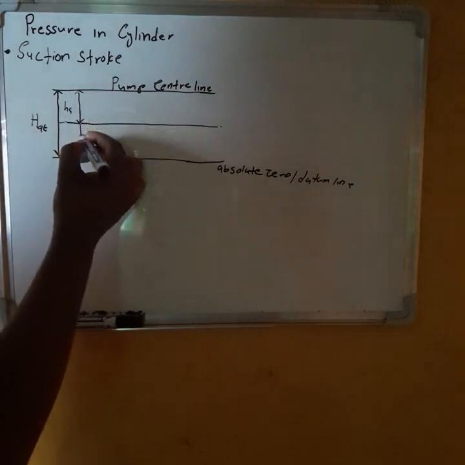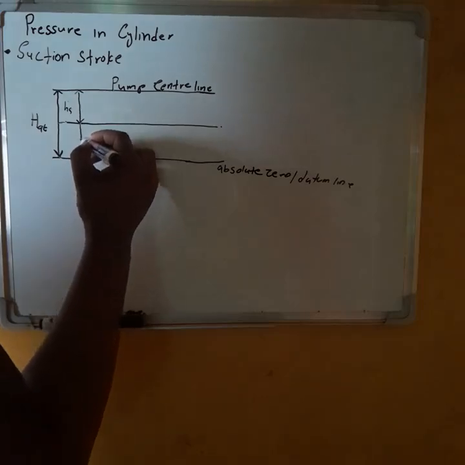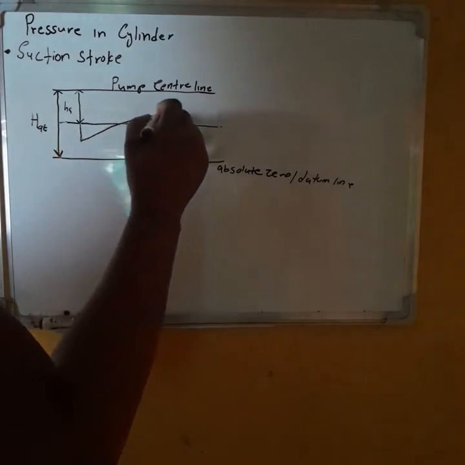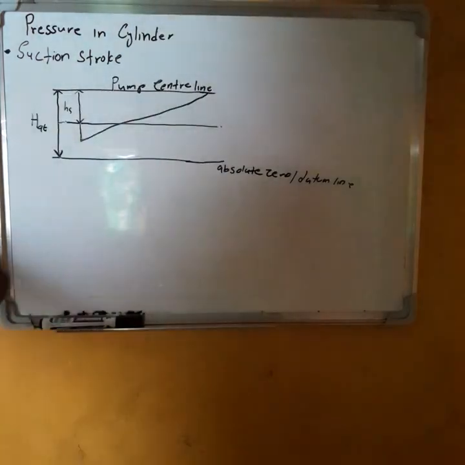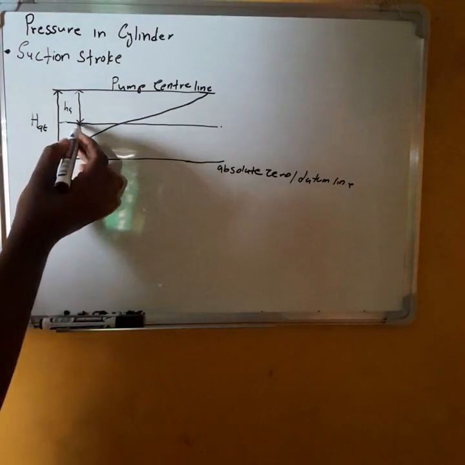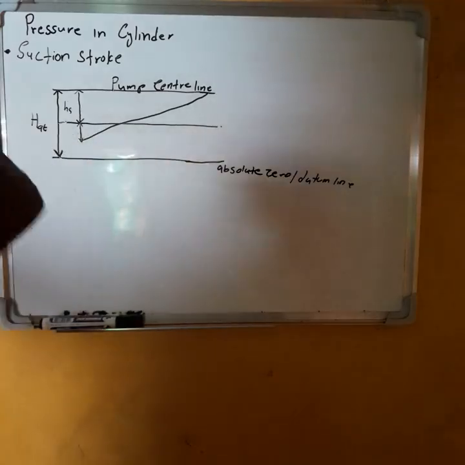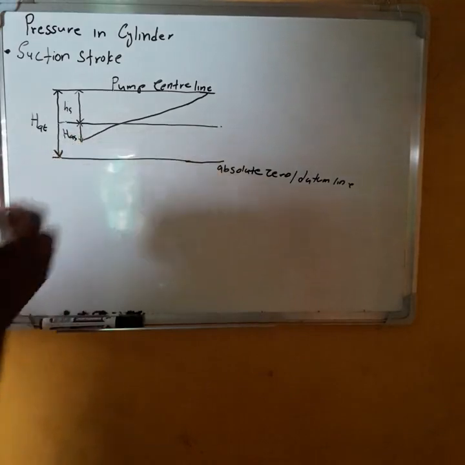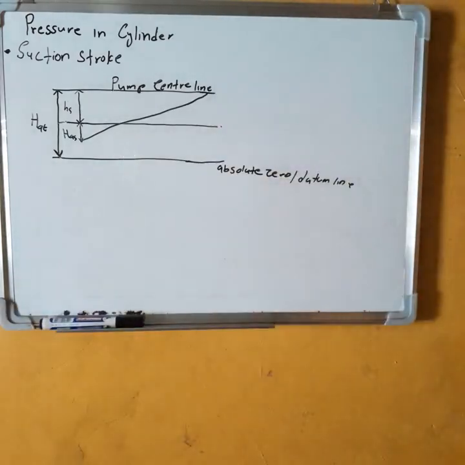The head due to acceleration takes place at the start. This little piece is h_as, the head due to acceleration at the suction.